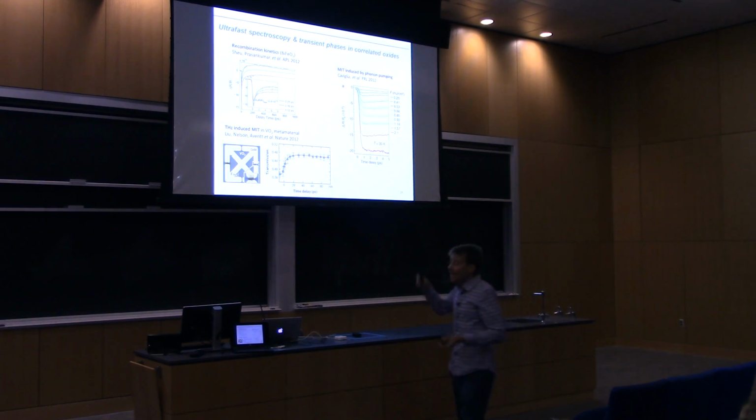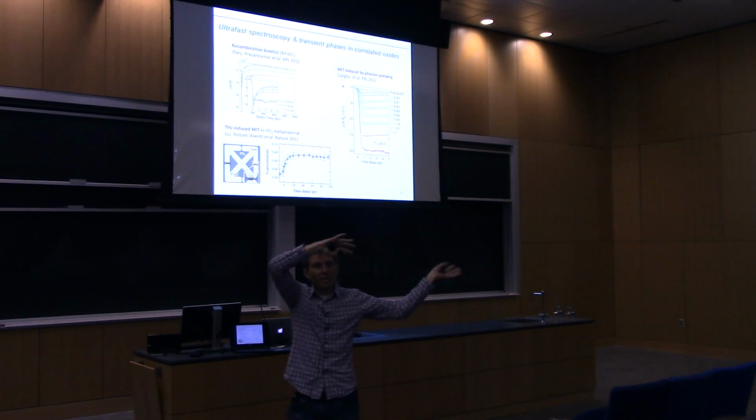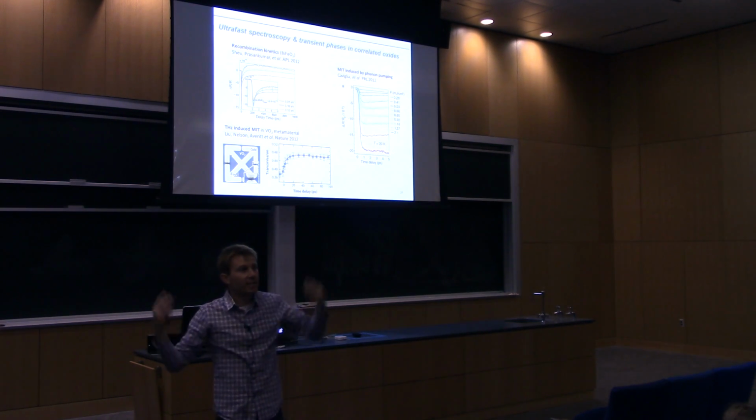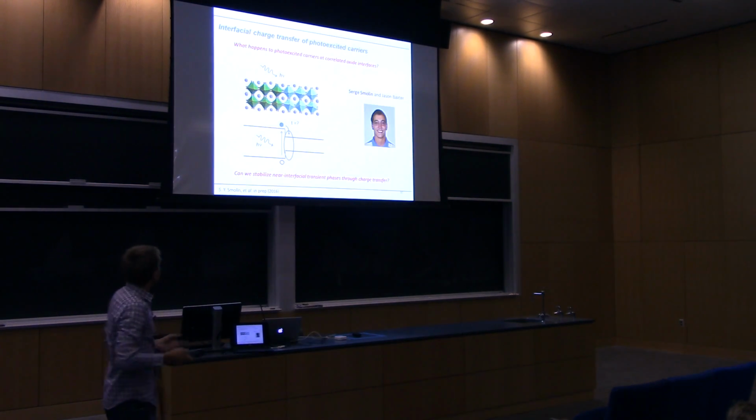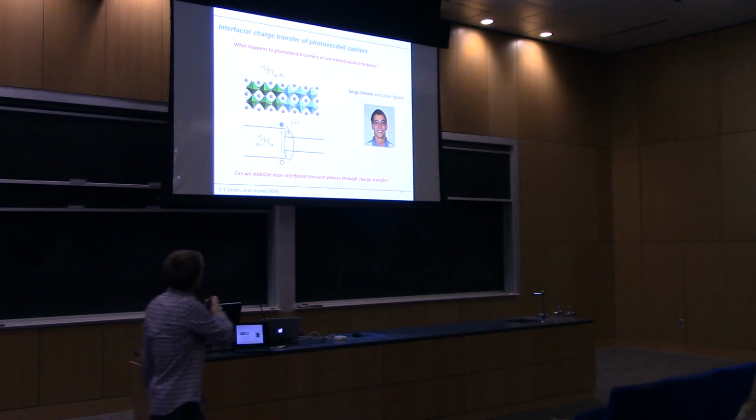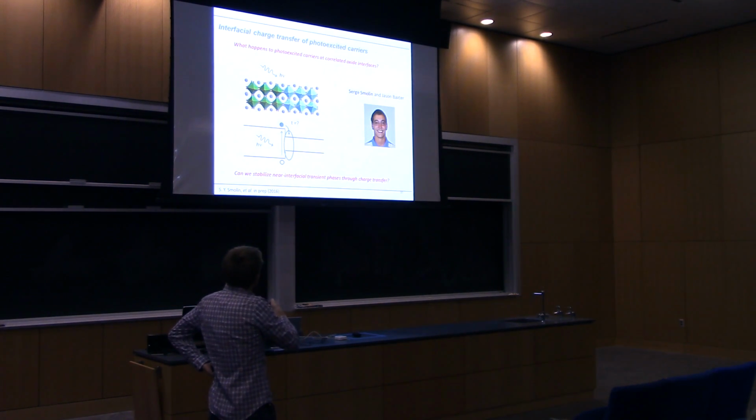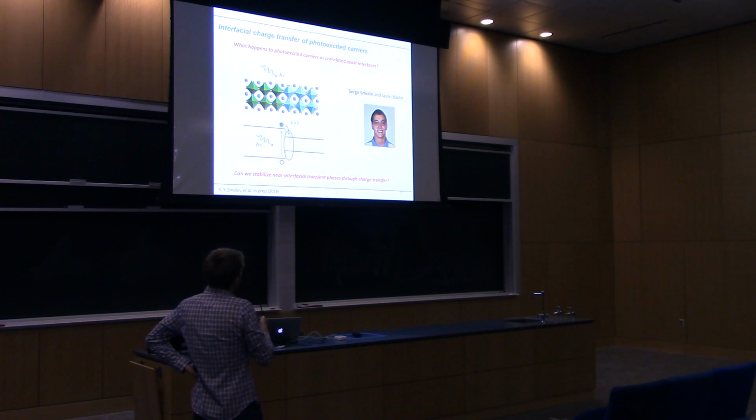So we combine these two ideas, charge transfer and transient phases, into one, right? So what happens if we take two perovskites together and we photoexcite carriers at that interface? Again, this is work that Serge is doing with his advisor, Jason Baxter.